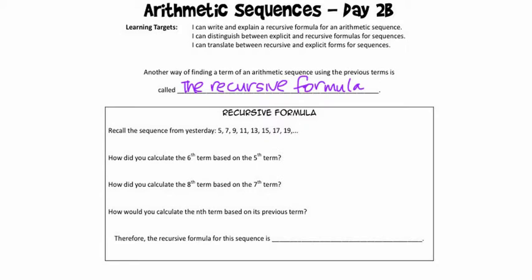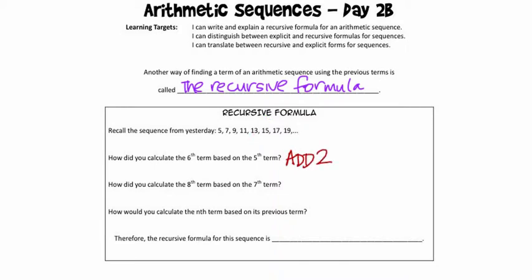How can we calculate the sixth term based on the fifth term? Now the sixth term is 15, the fifth term is 13. So from 13, how do we get 15? Well, we would just add 2.